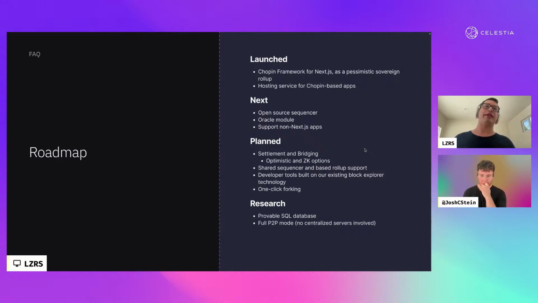And what I'll say is, if any of these things excite you on an infrastructure level, like a provable SQL database, something we're working on, get involved. There's just way too much to build. There's so much to build on this roadmap. And Celestia, I think they're going to be tapped out getting to terabit per second. They're just working hard on that vision.